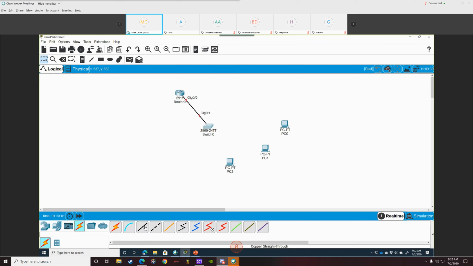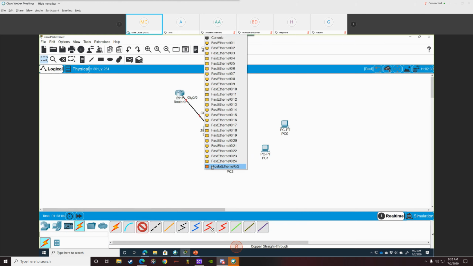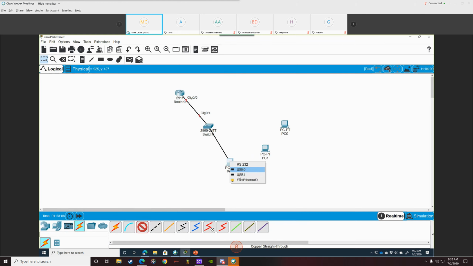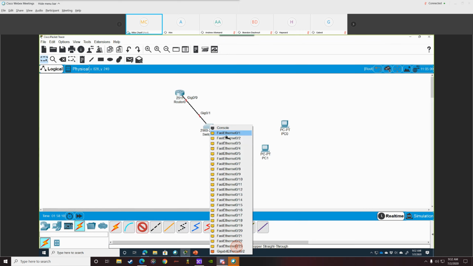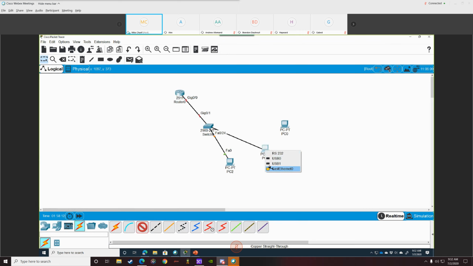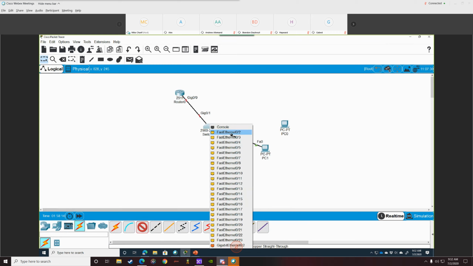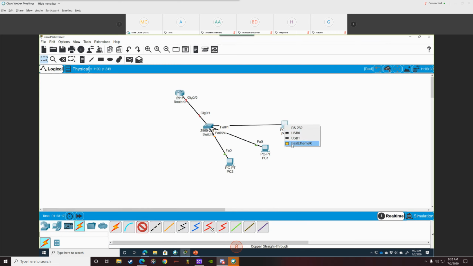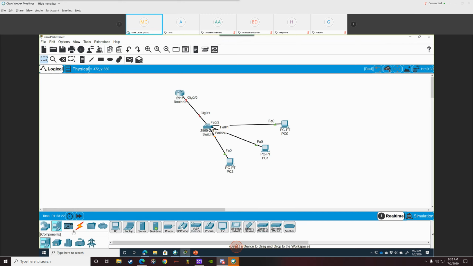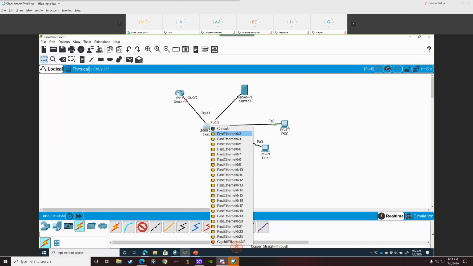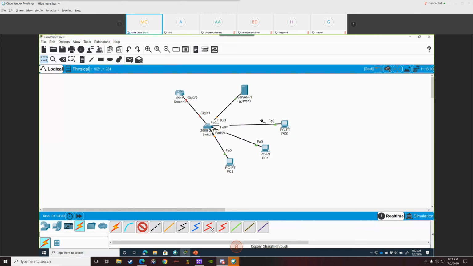Then this one is connected to this, and this guy here. And you're supposed to have a DHCP server somewhere in the network providing IP addresses to all these machines.